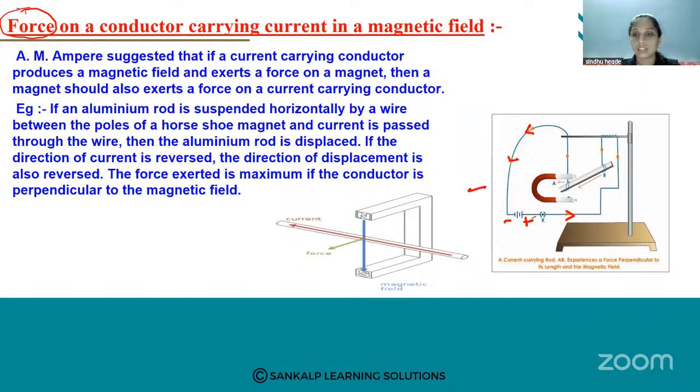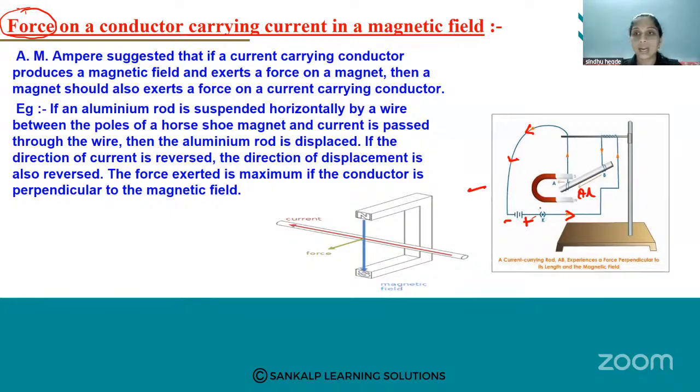The aluminium rod acts as a conductor here, because we know that conductors are those which allow the current to flow through them. All the metals are considered good conductors. Aluminium is also one type of metal, right? So this acts as a conductor here. When the current flows through a conductor, a magnetic field is generated.